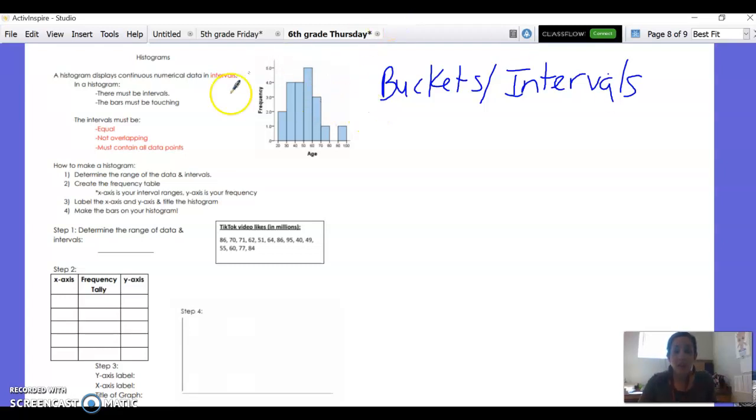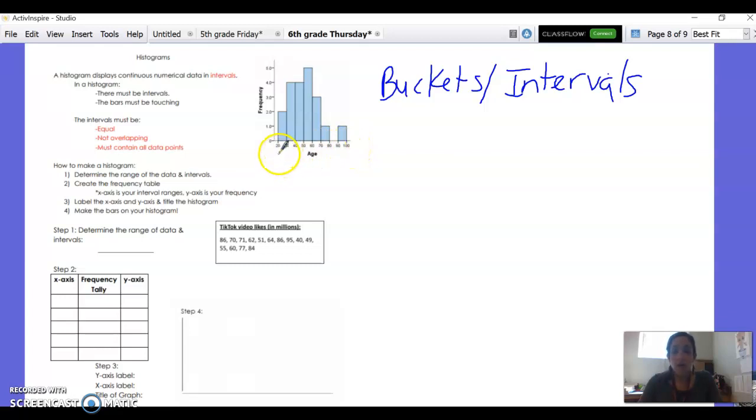So if we look here to the right at our first example, we see a histogram with age from 20 to 100, and we see frequency on our y-axis. And you notice there are bars created that are right up against one another, and they are not overlapping. So the intervals must be equal, not overlapping, and must contain all of the data points. So we know that the data included the number 20 all the way up to the number 100 and all the numbers in between.